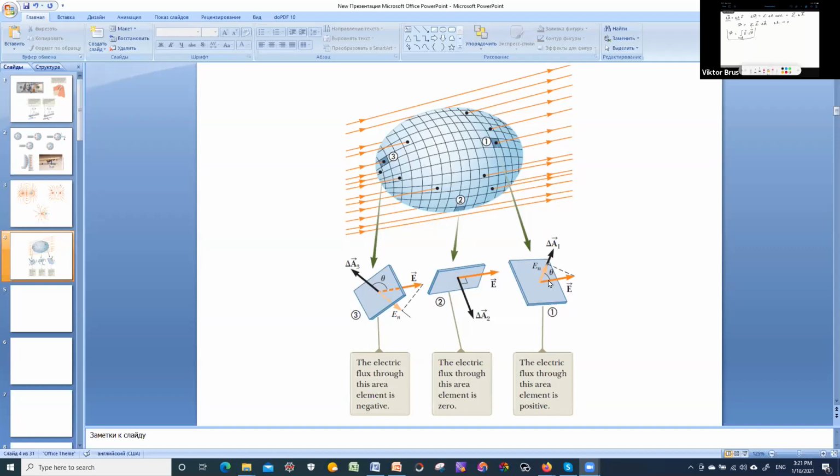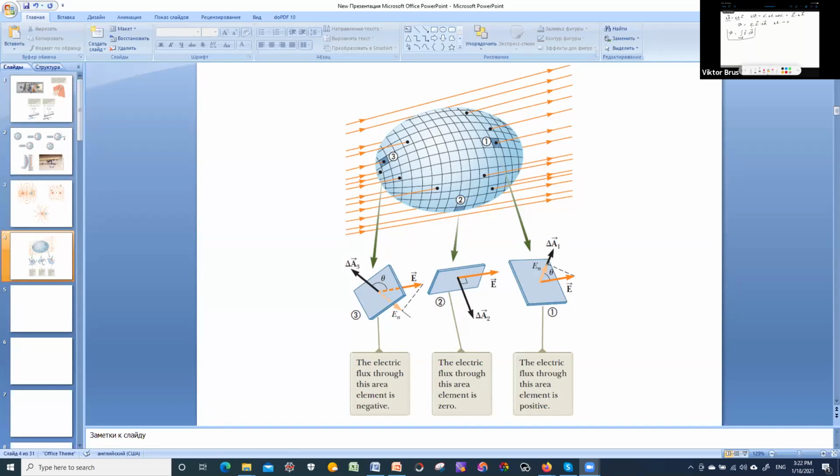So in other words, we have some electric field lines which go inside the closed surface and some which go outside. And when we calculate the flux of electric field, we are interested in the so-called net flux of electric field.